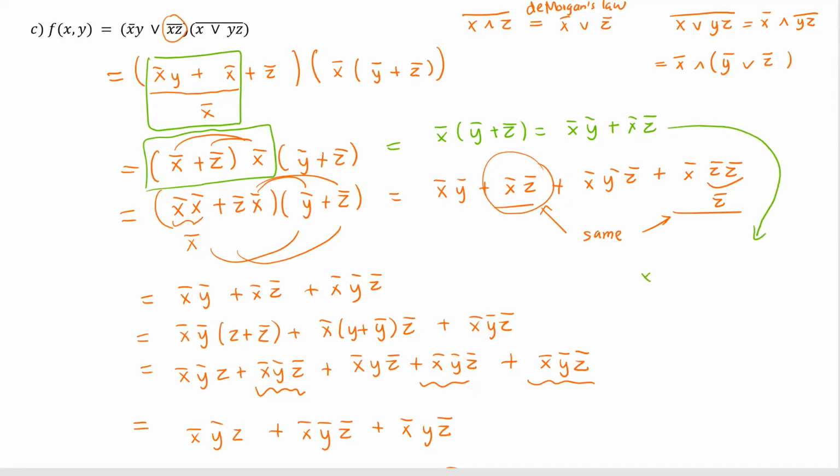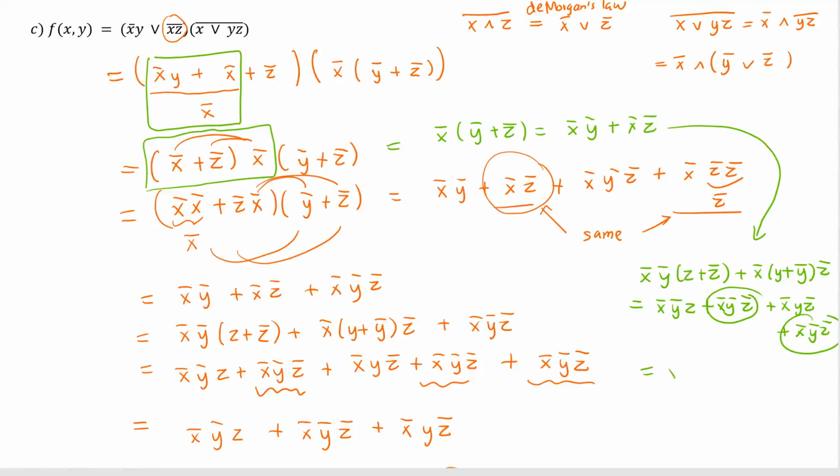Let's see here. The first term we don't have z, so let's insert this. The second term we don't have y, so let's insert the y. Then here we have x bar y bar z, x bar y bar z bar, and then here we have x bar y z bar and x bar y bar z bar. The two x bar y bar z bar are the same.